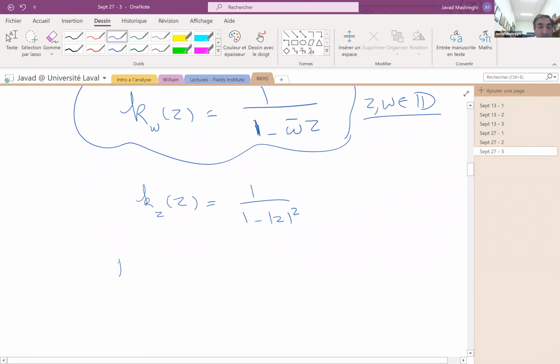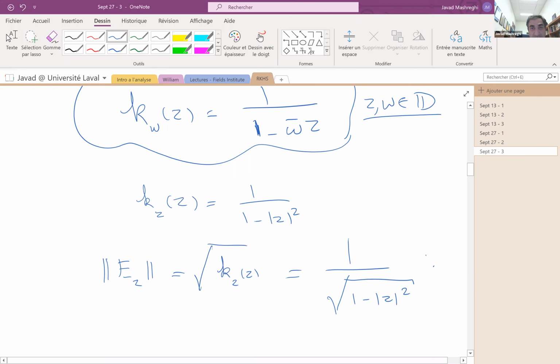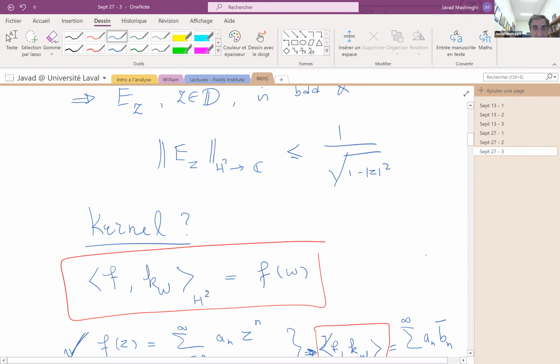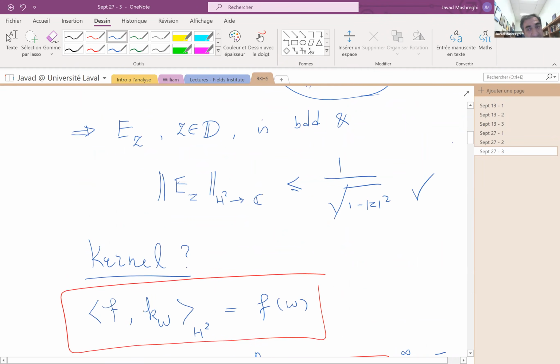And so the norm of e_z, which is the square root of this, is 1 over the root of 1 minus mod z squared. Go back to the estimation we had. Here it is. It's a very precise estimation. It's a very good one. It cannot do better than that. Equality holds.